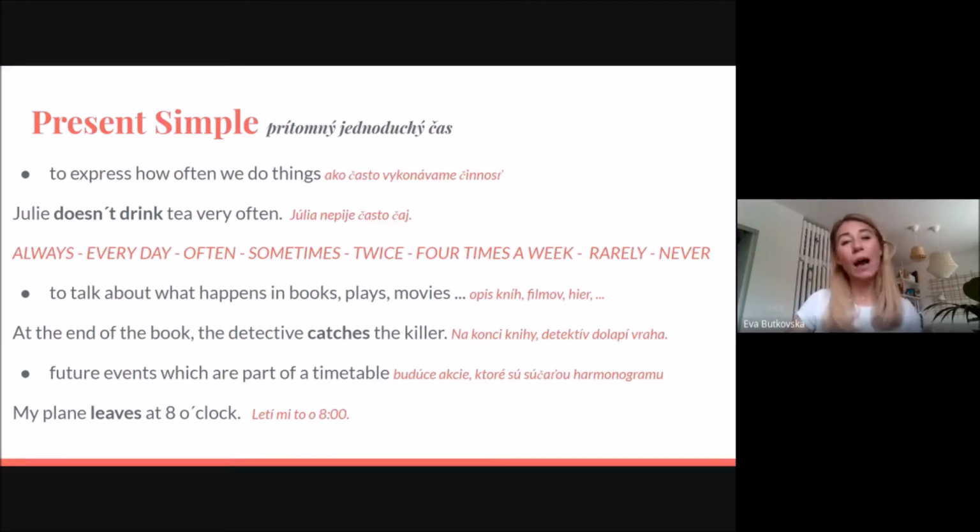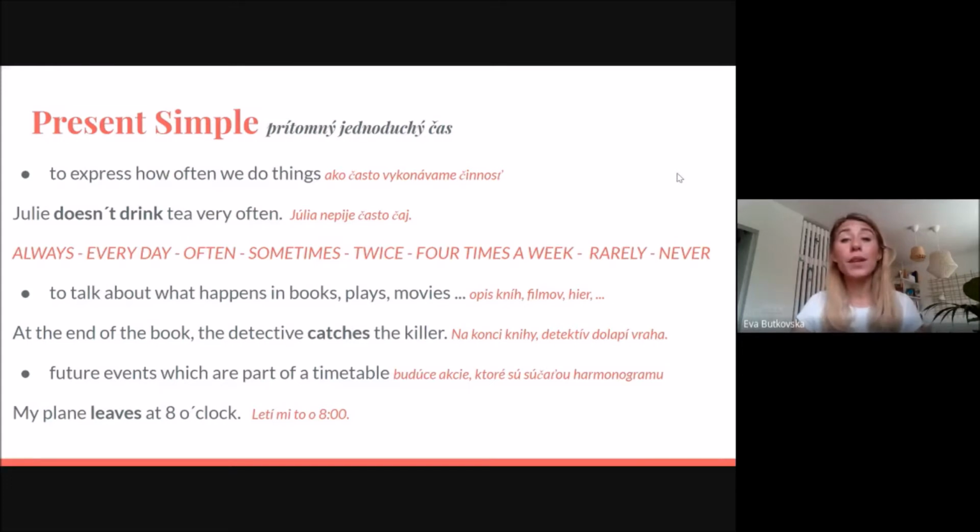When we are expressing how often we do things, we use these words: always, every day, or every week, every month, every year, often, sometimes, twice a day, twice a week, twice a month, 4 times a week, a year, 4 times a lesson, or rarely or never. There are more adverbs like these, but this is just an example. So we use present simple to talk how often we do things.